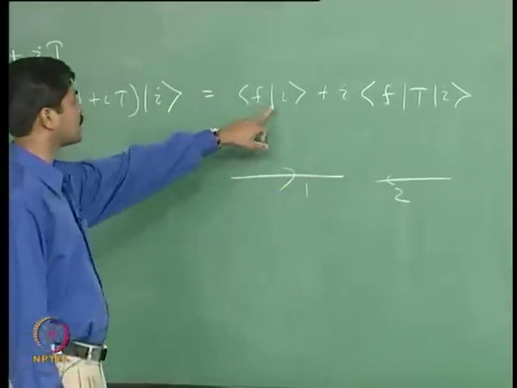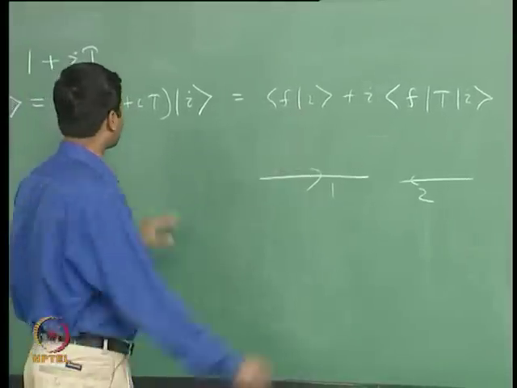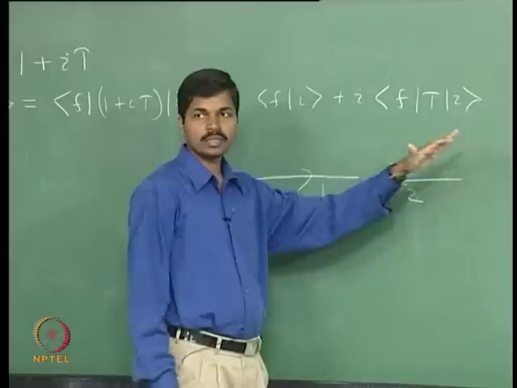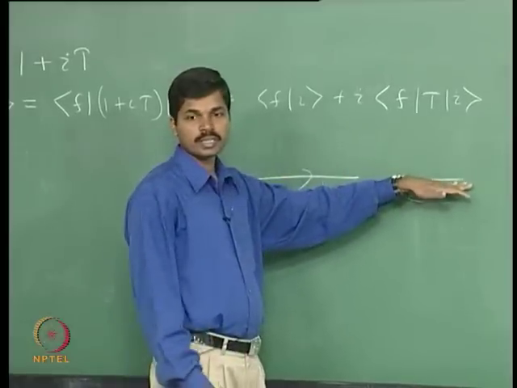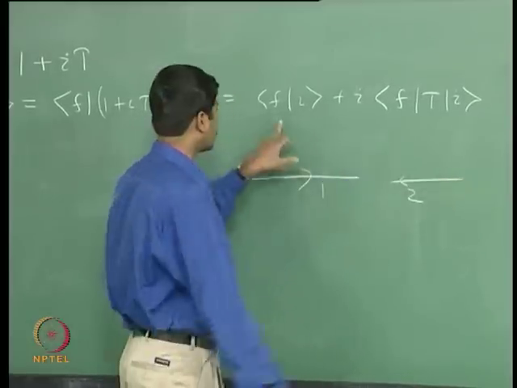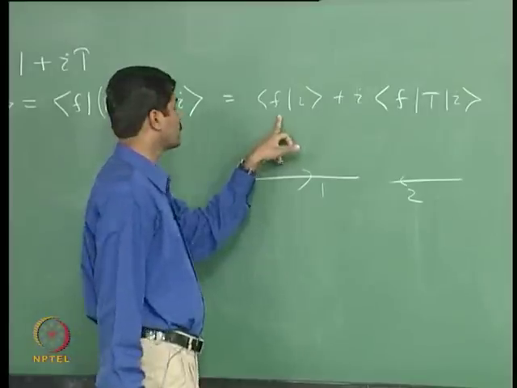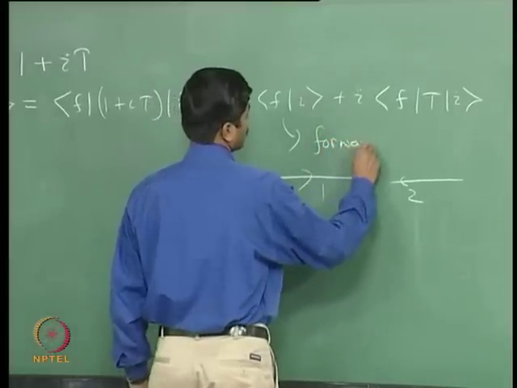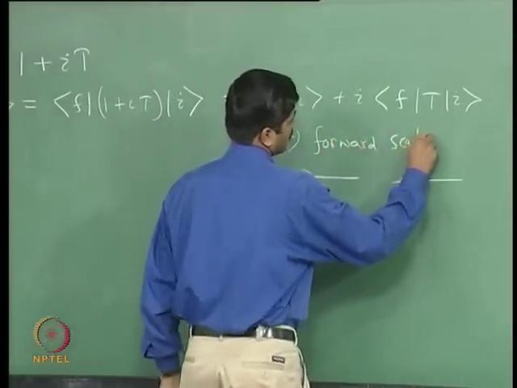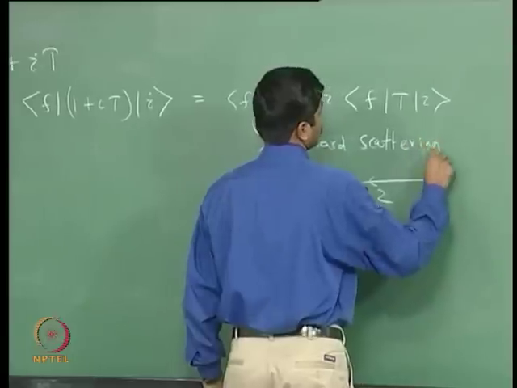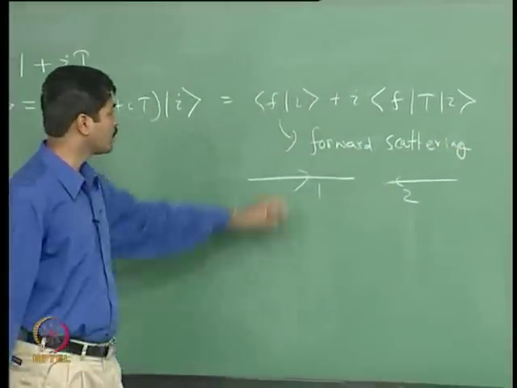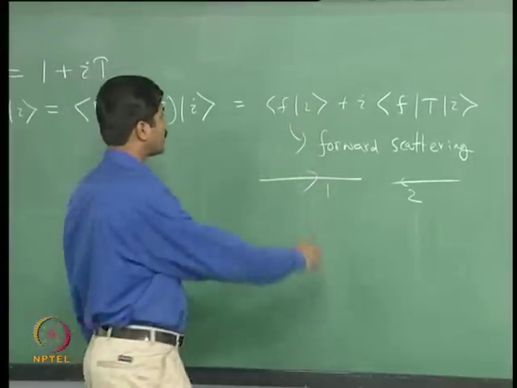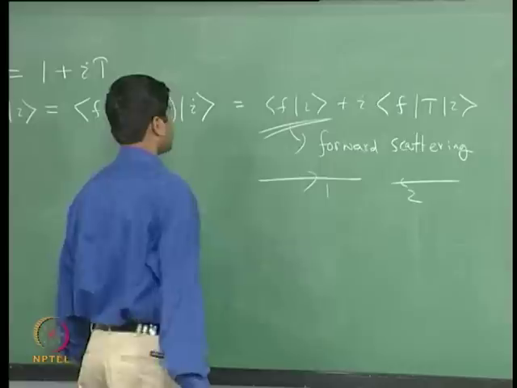Even if there is an interaction in the system, these particles can simply pass without interacting with each other, and this term represents that. So, this is the forward scattering part. We will not be interested in such a term. So, we will just ignore the first term in this expression.